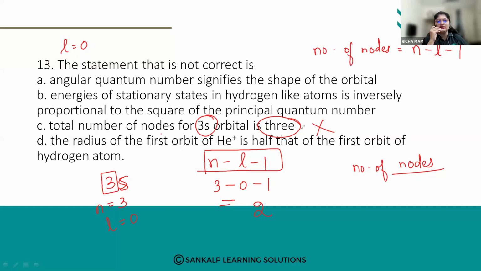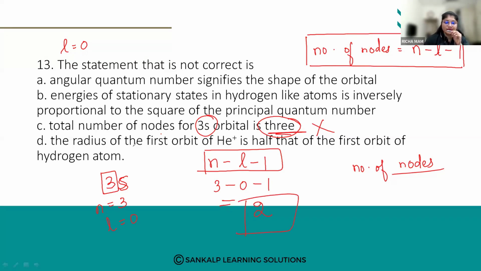If it is 3d, d means L equals 2. Remember this. So here it is given that the total number of nodes for the 3s orbital is 3, but the correct answer is 2. So the statement in option C is incorrect, so option C is our answer.